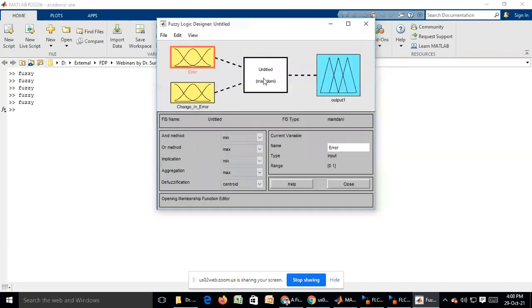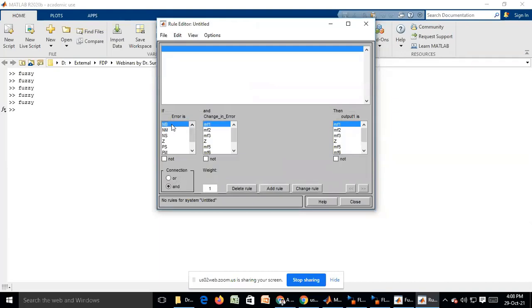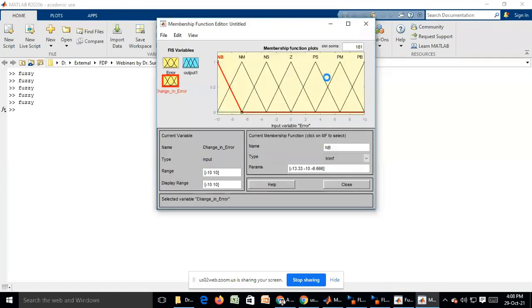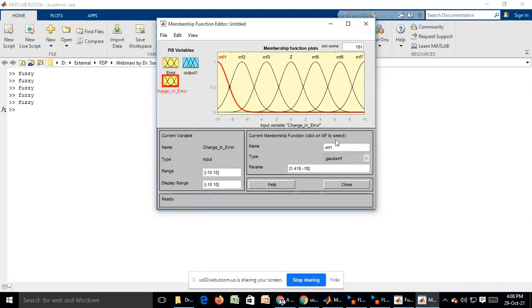See, if I go to design the rule base, if error is negative big and change in error is, what is MF1, I don't know. But if I write here, it is negative big, negative medium, negative small.